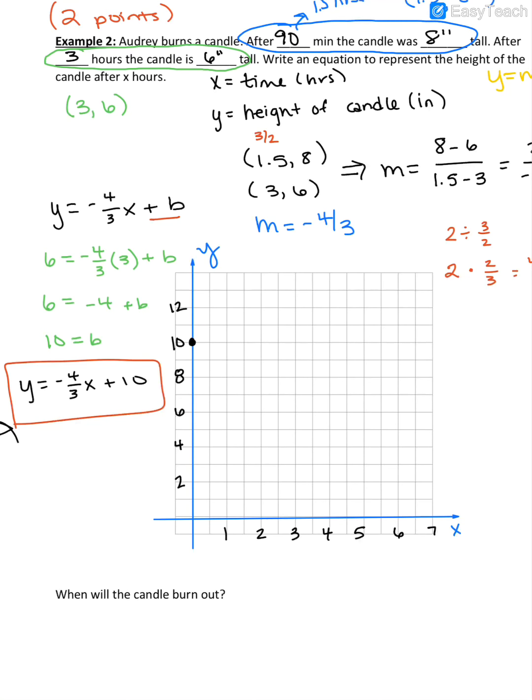You could then go down 4, right 3. So when we go down 4, you can count down 4 here, but you can't count over 3 because you actually only went over 1.5. So you have to count over 1, 2, 3 using the scale from our x-axis.